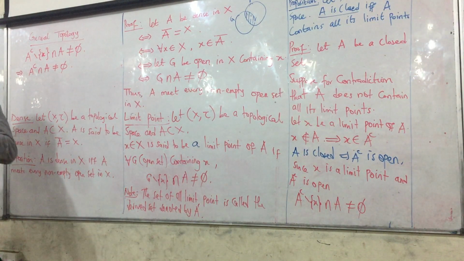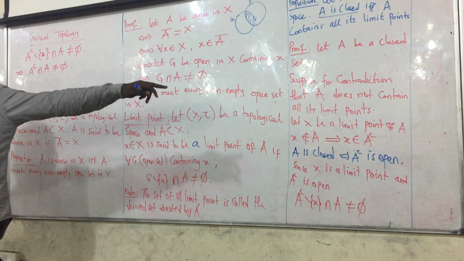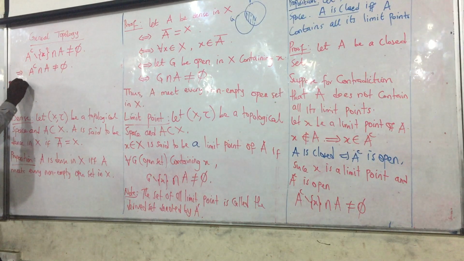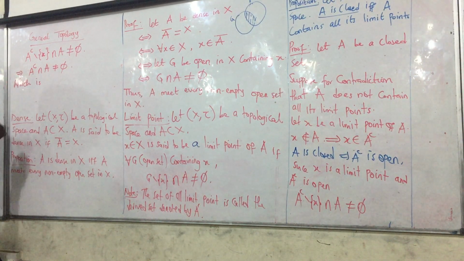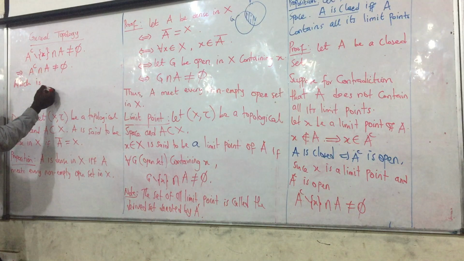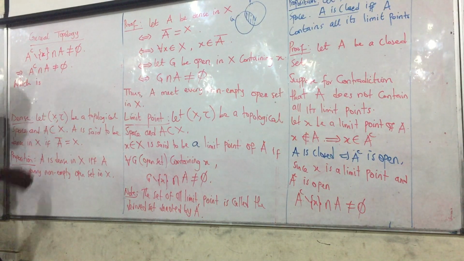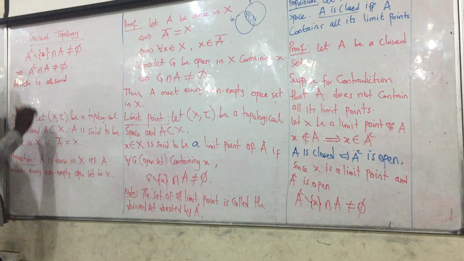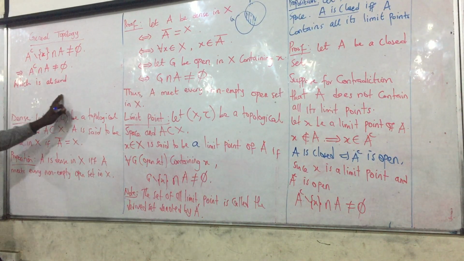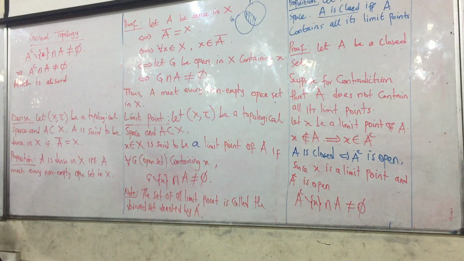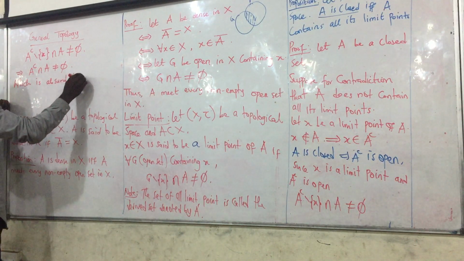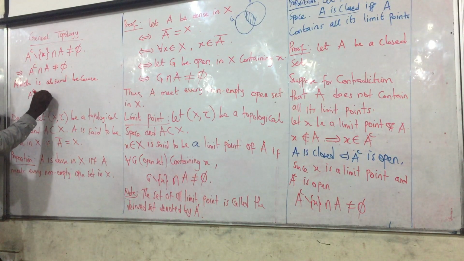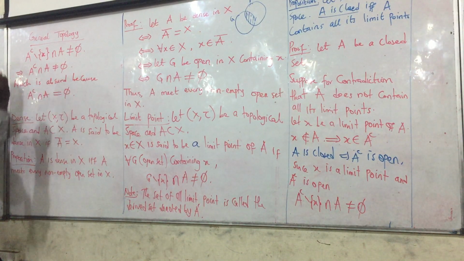So therefore, the assumption is wrong. Do you understand? Or you just say we arrive at a contradiction, which is absurd because a set intersection its complement is supposed to be empty.